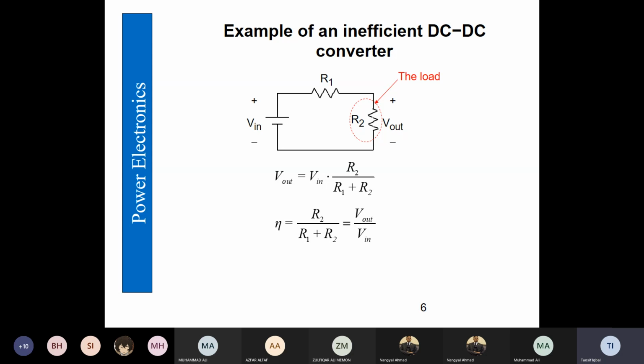So how much is the decrease in output voltage as compared to input voltage? If there's a huge difference between input and output voltage, then obviously the voltage divider ratio is going to be very small, and therefore the efficiency is going to be very low.